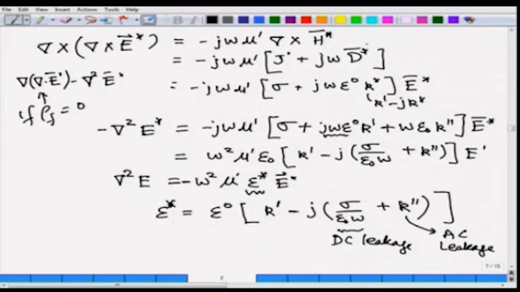This displacement current arises only because of time dependence, a time changing electric field, and that is what this k prime is leading to. It is this current which is flowing, which is going to heat the dielectric, a loss of energy that is due to k prime, whereas j, which is sigma times E, is a DC conductivity, and that is the DC part of the loss. If both these quantities are 0, then the dielectric will be perfectly non-leaky.